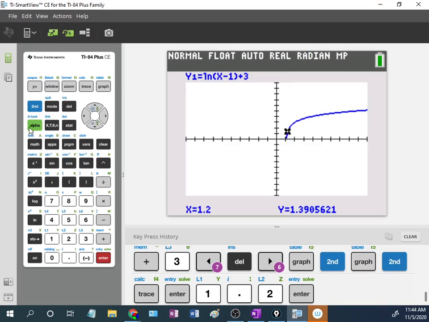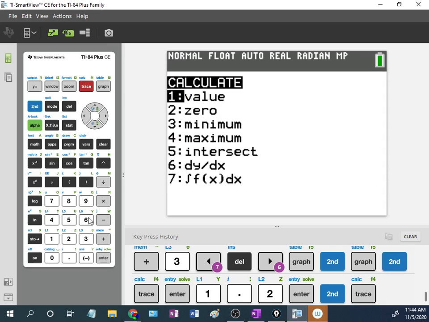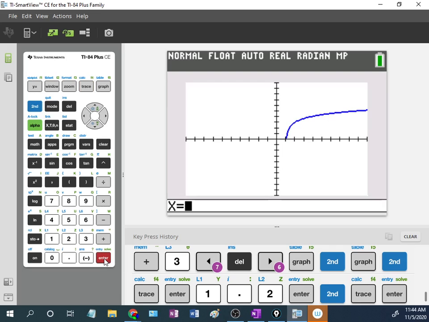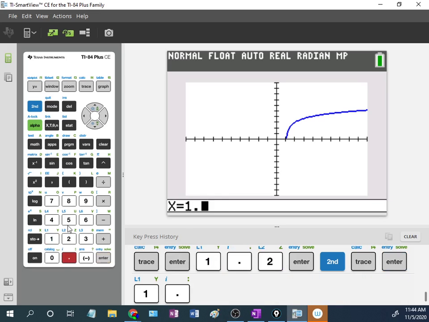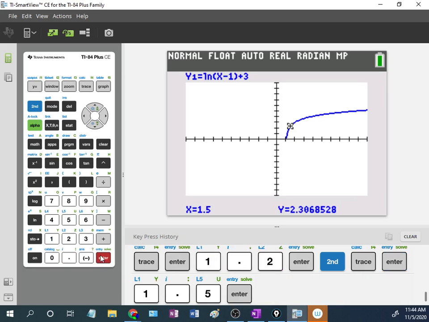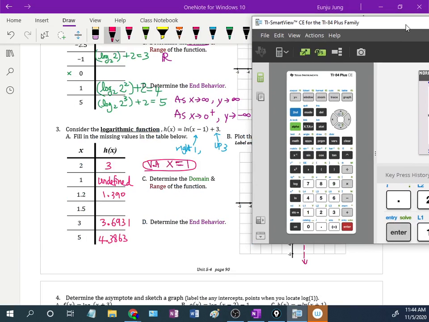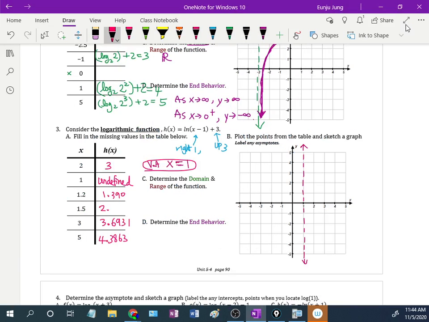Second button, trace button, and the first one is value. So you are using calculations above the trace button. Hit enter and 1.5 and we have a value, 2.306.